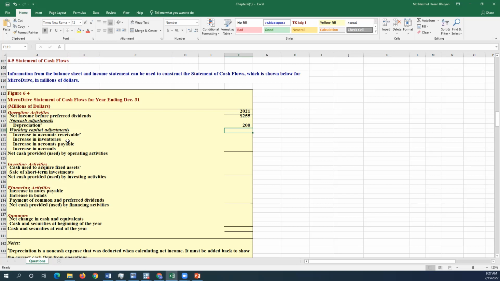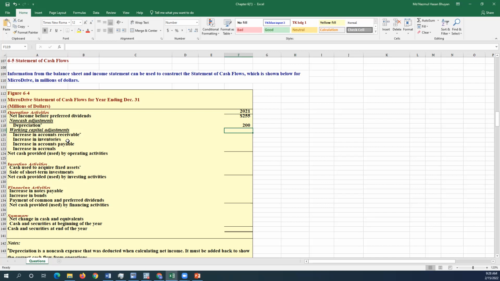Now, the next concept: whenever the value of the current asset accounts goes up, then what happens? Then basically you have cash outflows. Let me give you one simple example. Whenever the value of total inventories changes from the previous year to this year, that means you added more inventories, and to add the additional inventories you had to pay money.